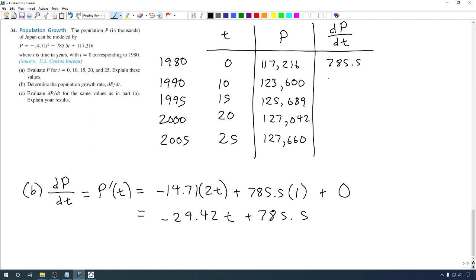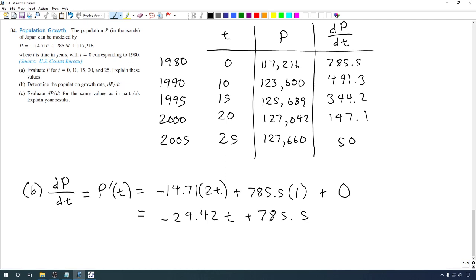And again, I just use a calculator for all this. So for 10, I got 491.3. For 15, I got 344.2. For 20, got 197.1. And finally, for 25, I just got 50. This one actually came out nice and exact.